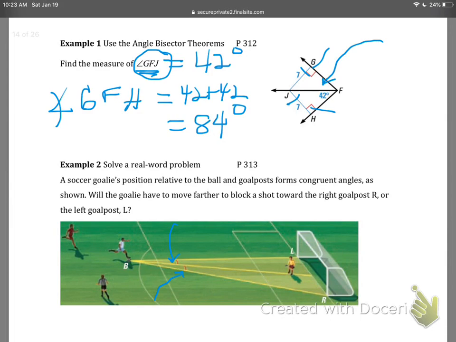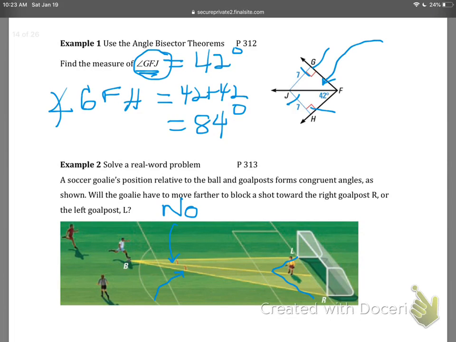So you say yes, he is going to be equidistant. There is no need for him to move further one way or the other. So will he have to move? And the answer is no. He's not going to have to move because he is currently on the angle bisector, and therefore he will always be equidistant. No matter where he stands on that, he's going to be equidistant from L and from R.